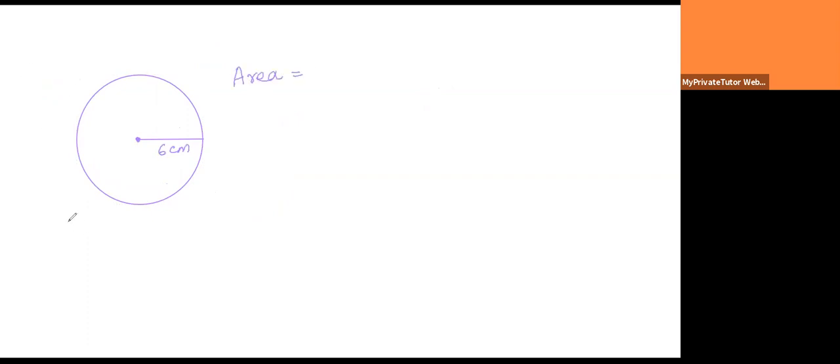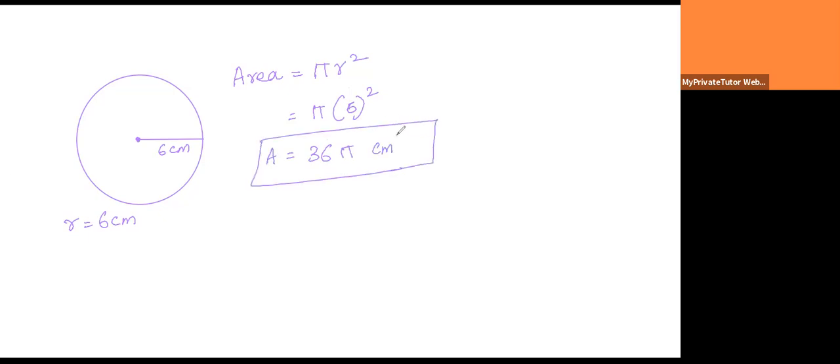The radius is given, which is 6 centimeters. What is the formula to find the area? Pi r square. So pi into r square. The radius value is 6, so 6 square is 36, so the area is 36 pi. Since it is the area, the unit is square units, so square centimeters.